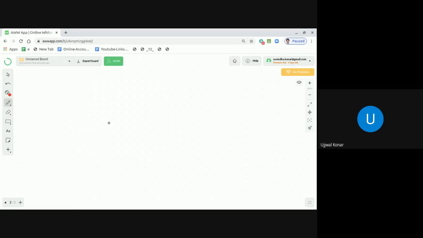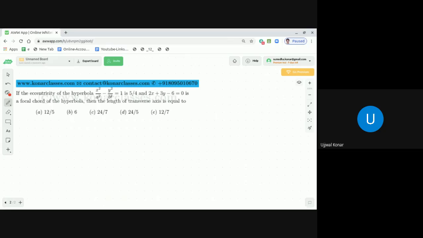So, dear students, here is the second question. It says that if the eccentricity of the hyperbola x square by a square minus y square by b square equal to 1 is 5 by 4, and 2x plus 3y minus 6 equal to 0 is a focal chord of the hyperbola, then the length of the transverse axis is equal to what?